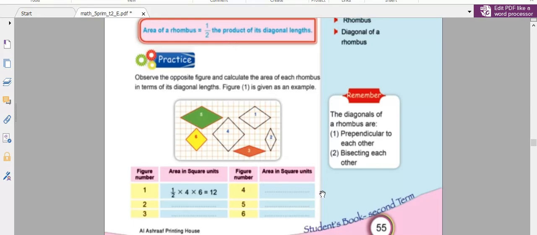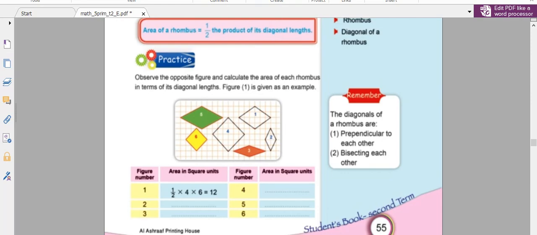Please open your book, page 35, and bring your pencil. Prepare to answer the following questions. In this question, we will use the units to know the lengths of the diagonals.